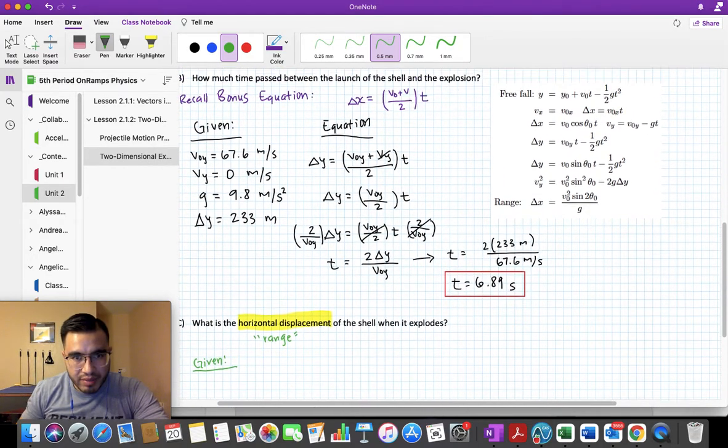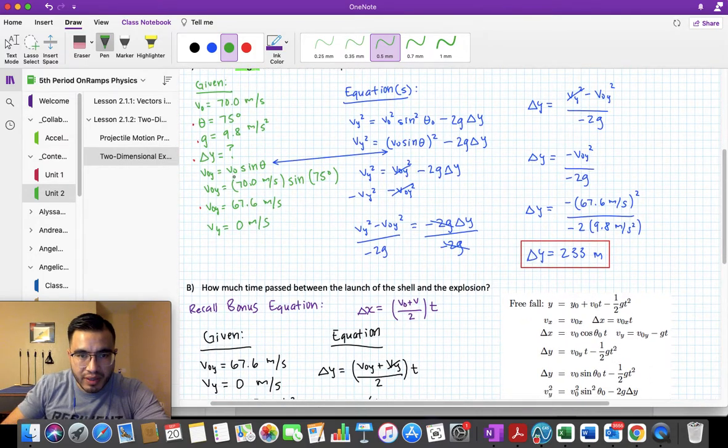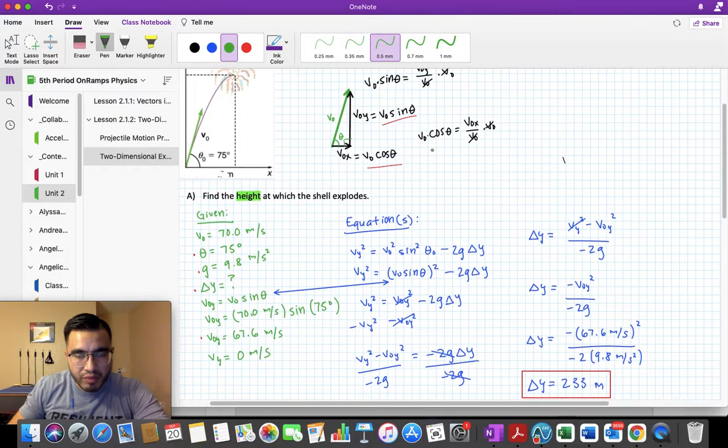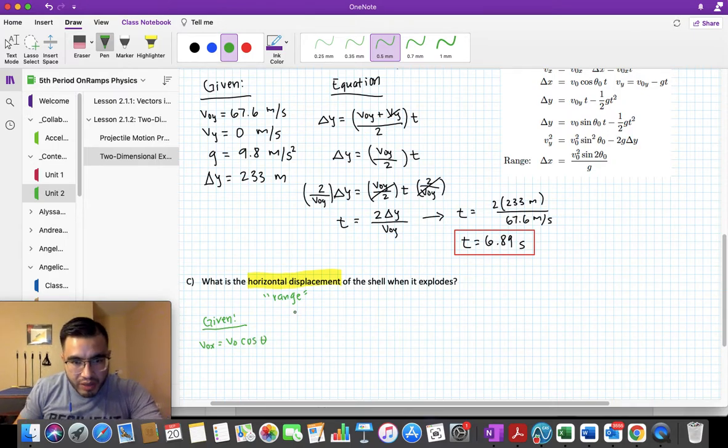In this case, the only thing we know is the initial velocity along the x, which we can find with trig, right? So we know initial velocity along the x is v naught cosine of theta, and we know what theta is.